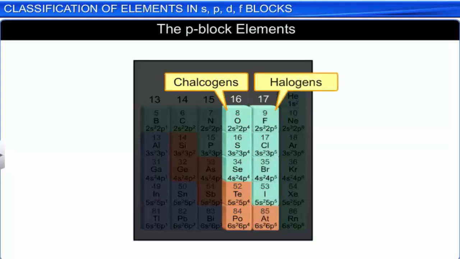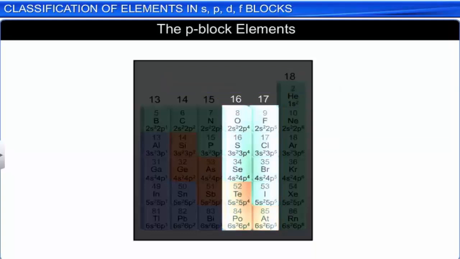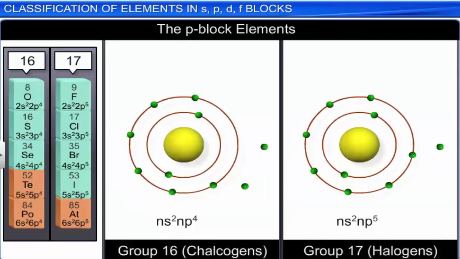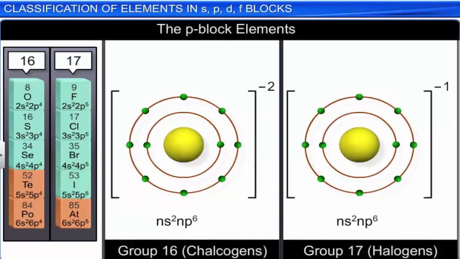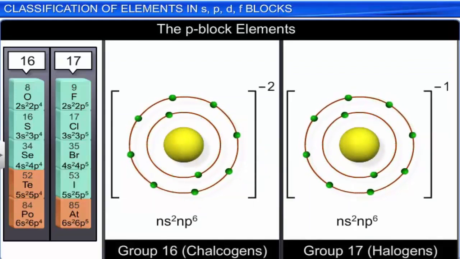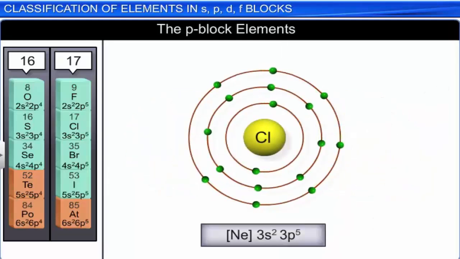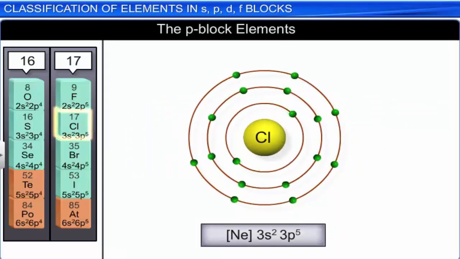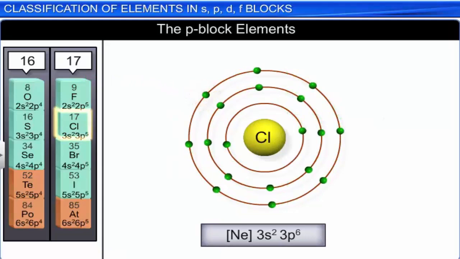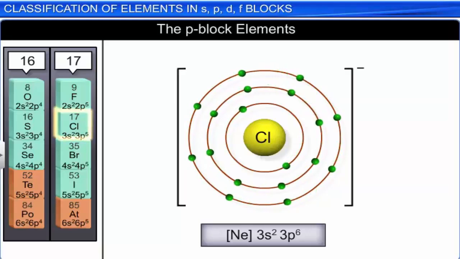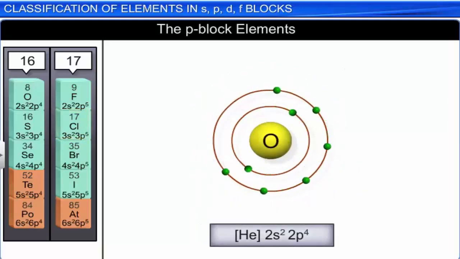The elements of these two groups have high negative electron gain enthalpies, and they readily gain 1 or 2 electrons to attain the stable noble gas electronic configuration, which is ns2np6. For example, chlorine, belonging to the halogen family, readily accepts 1 electron to attain the nearest inert gas configuration of argon. On the other hand, oxygen belonging to the chalcogen family needs to accept 2 electrons to attain the inert gas configuration of neon.